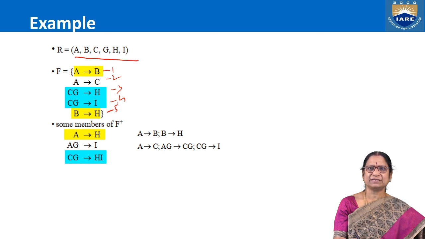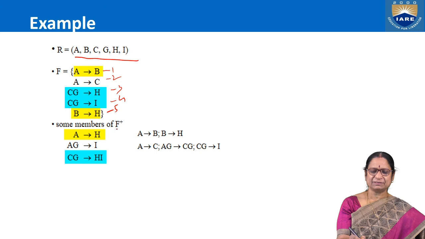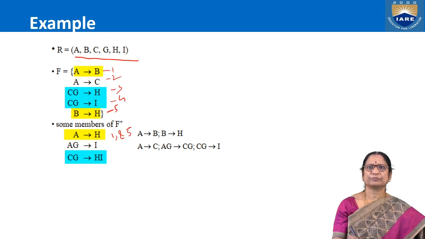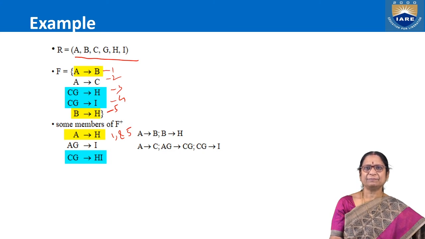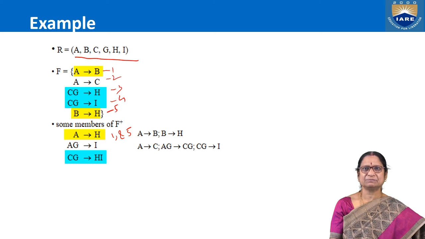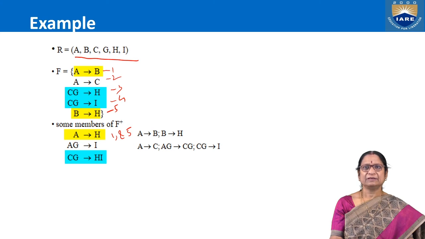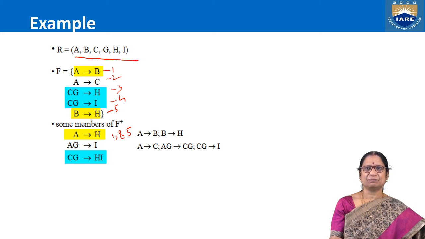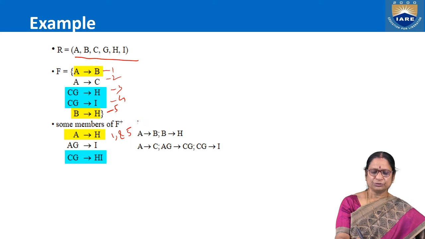From these 5 FDs, I'll get A determines H by using 1 and 5. So A determines H: A determines B is the first one, and B determines H is the fifth one. By using these two, which rule are we able to apply? Transitivity rule.